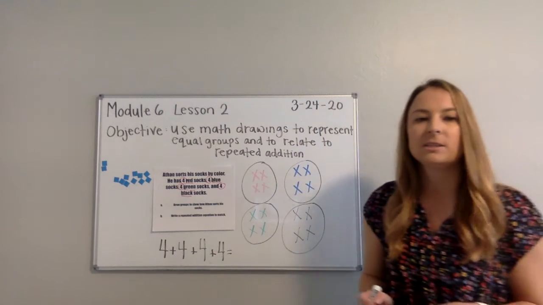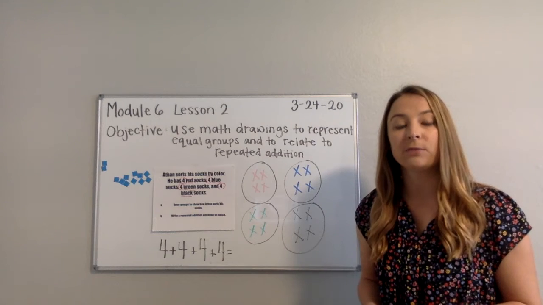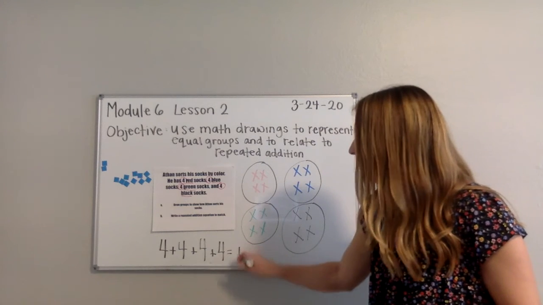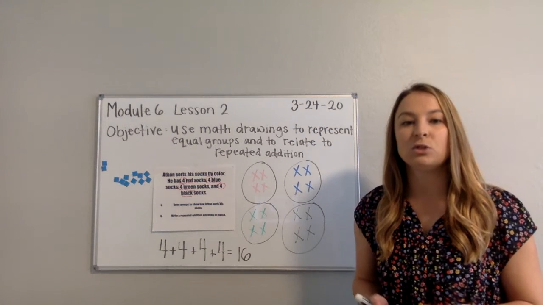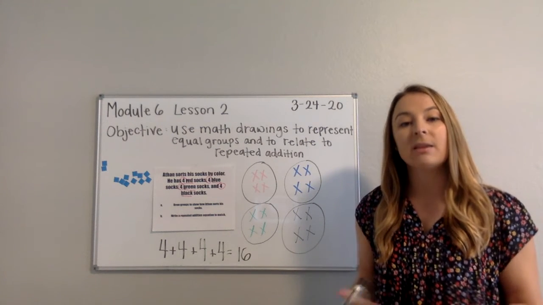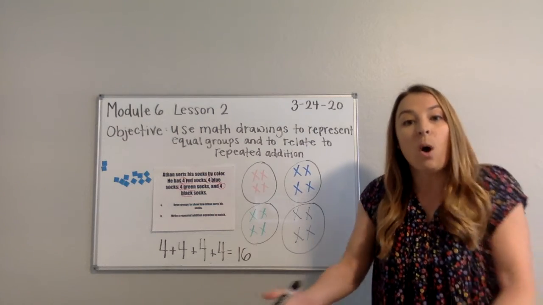My repeated addition sentence is 4 plus 4 plus 4 plus 4 for a total of 16 socks. Okay, my writing sentence to explain my answer would be Ethan has 16 socks altogether.